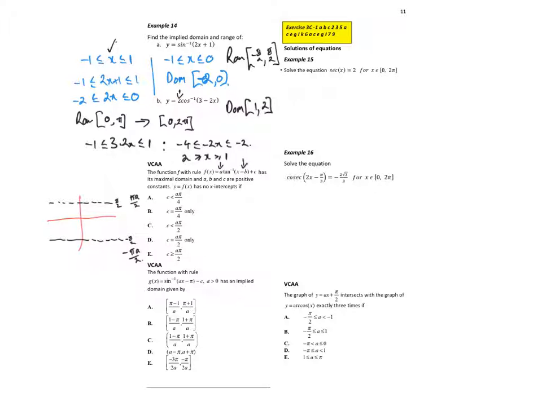So we're going to shift the whole thing up. So my asymptote is going to be at C minus pi A on 2. So this will have no x-intercept if the C value is greater than pi A on 2.